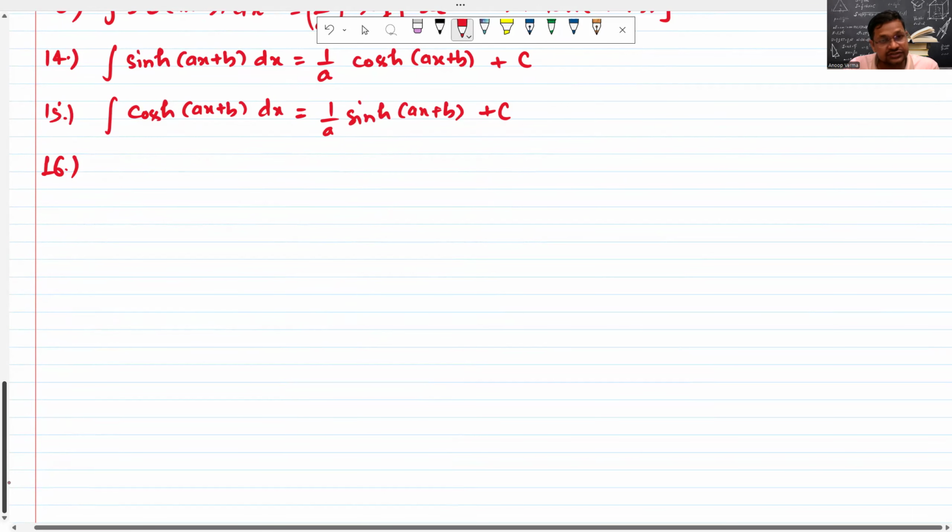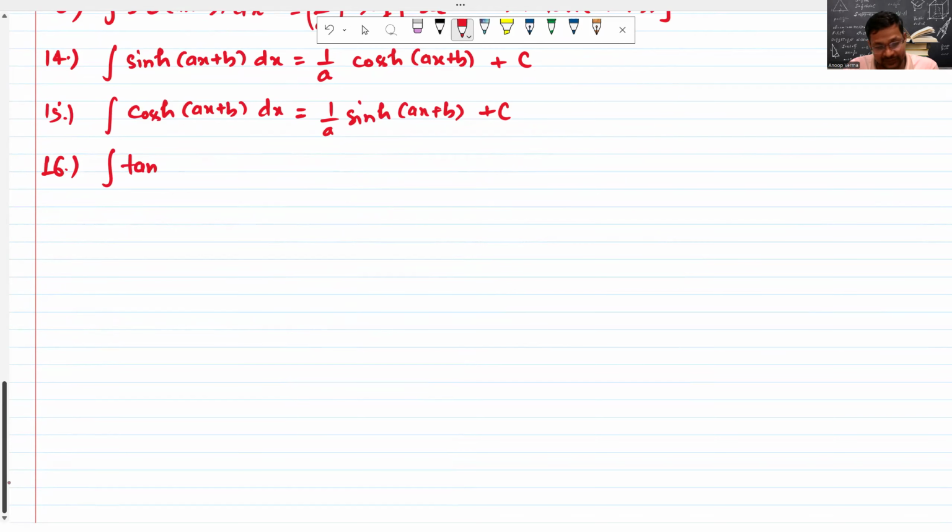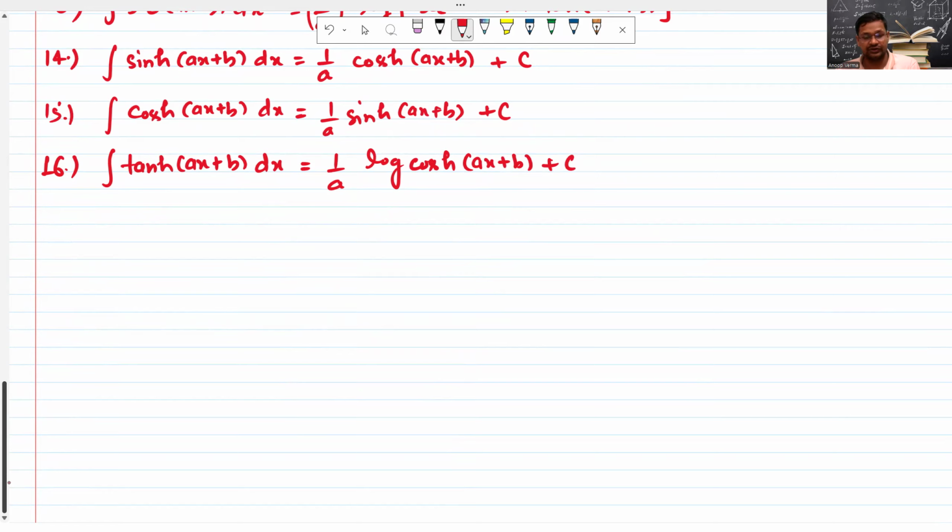Sixteenth formula: the integration of tanh(ax + b) dx is equal to 1 upon a log cosh(ax + b).